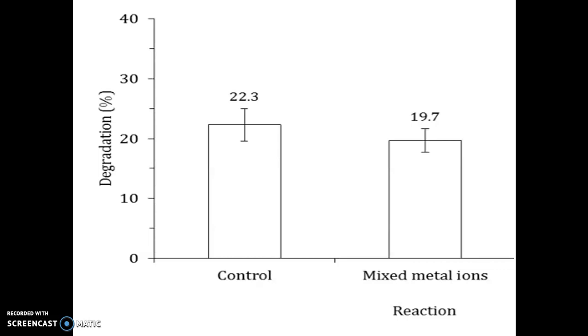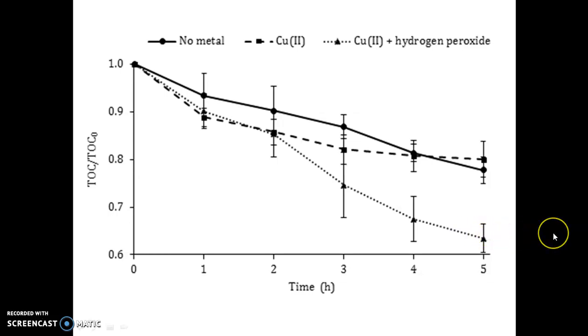To overcome this, we tried to treat the mixed metal ion with the addition of hydrogen peroxide, 30 mg per liter. It shows that in the single one, it increased the degradation from 20% to 36.5%.